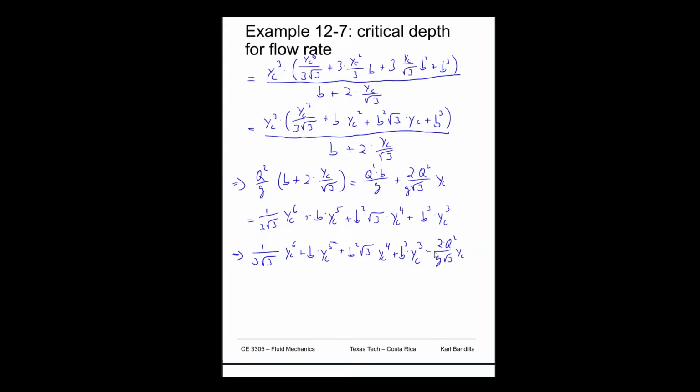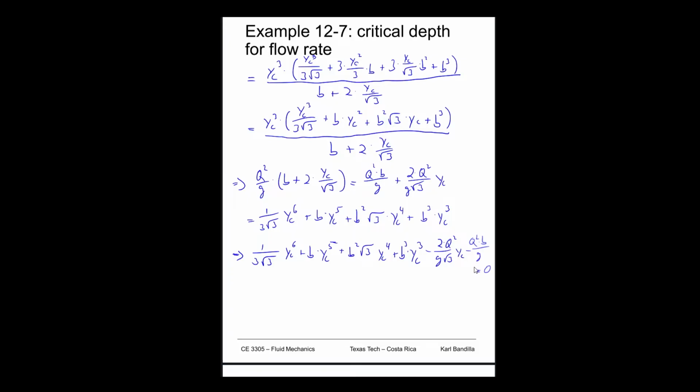So that'd be a minus here. Minus q squared times b over g, and that is equal to 0. Right, so that would be our entire equation.